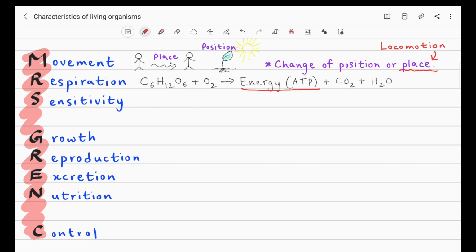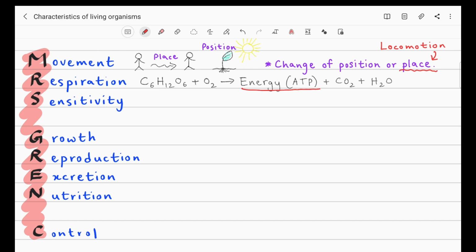So some examples of sensitivity is when, let's say, your mom calls out your name and you hear it and you respond to it by turning your head back, right? So it could also be when you see a ball coming at your face being thrown by someone, right? And you dodge your face away.